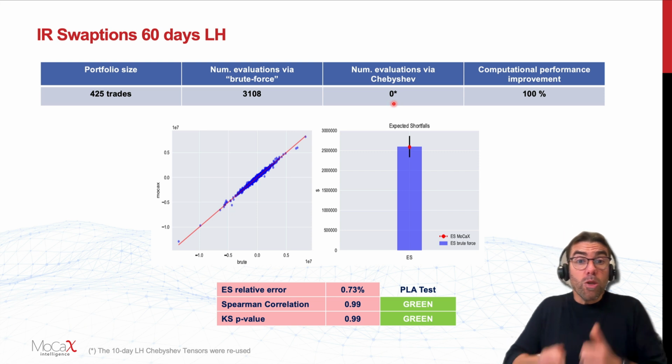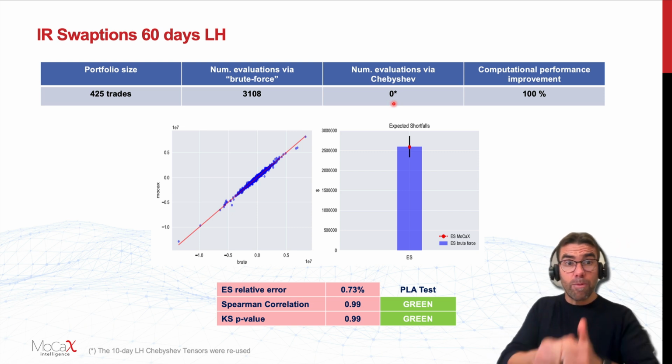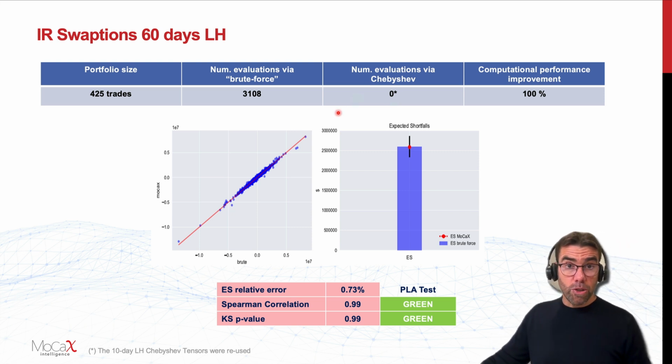Why? Because we were reusing the Chebyshev tensors that we calibrated before. And as you can see, it was a very nice result, more or less in a straight line, nice accuracy in the expected shortfall, and always well within the green zone for the Spearman correlation and Kolmogorov-Smirnov test.